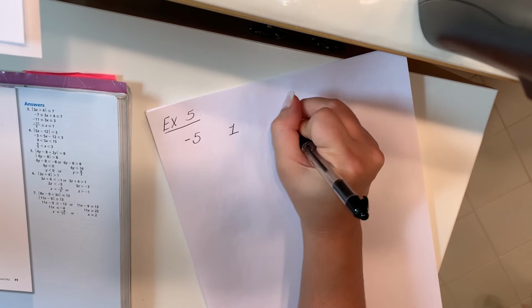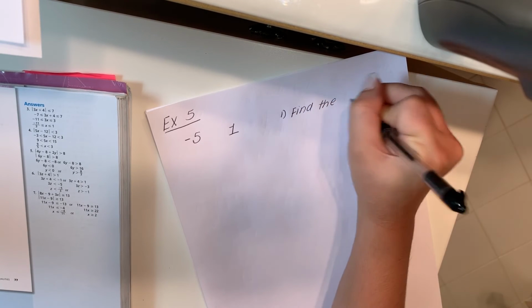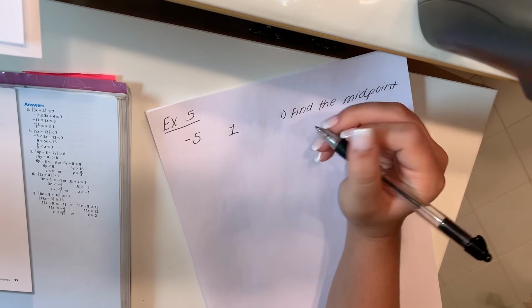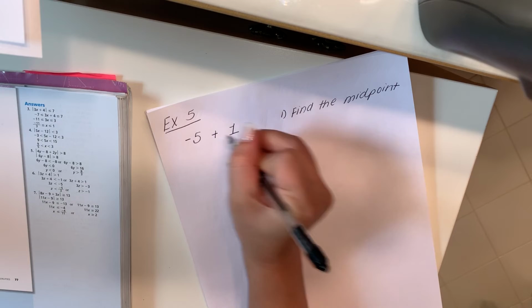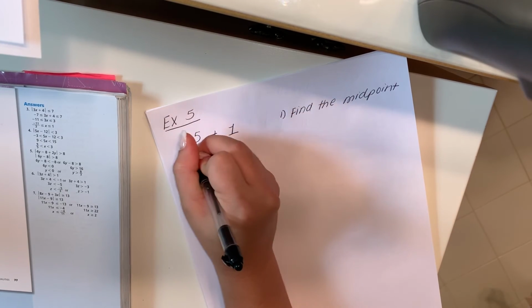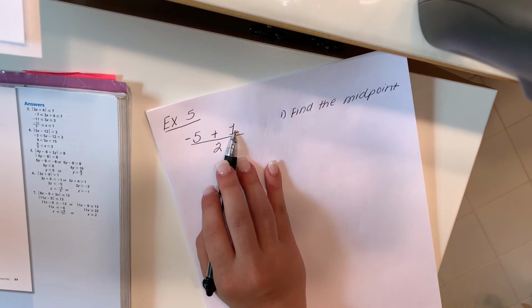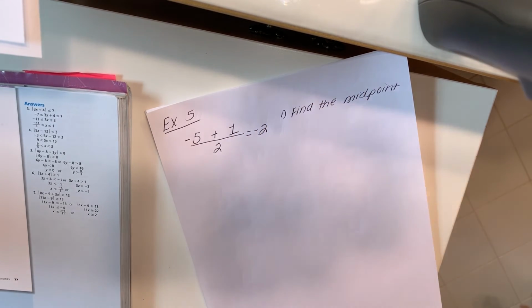And the first step of what you should do is to find the midpoint. This is how you would properly write an inequality. Find the midpoint. How do we find the midpoint? Well, remember, all we need to do is just add the two values and divide by 2. -5 plus 1 is -4. -4 divided by 2 is -2.